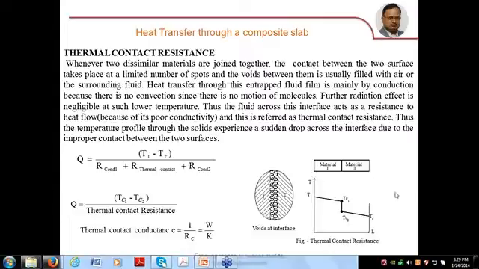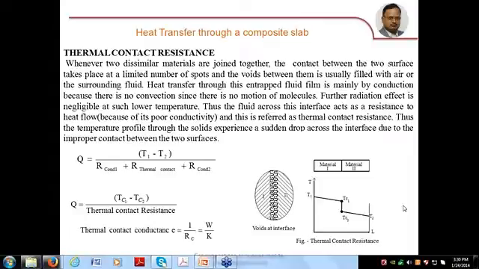See, normally when two dissimilar materials are joined together, however smoothly we finish their surfaces, still at micro level projections exist. So these two materials will not sit together perfectly and they land on their projections, leaving some gap in between the two surfaces.